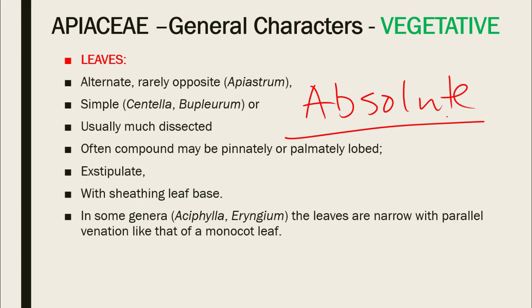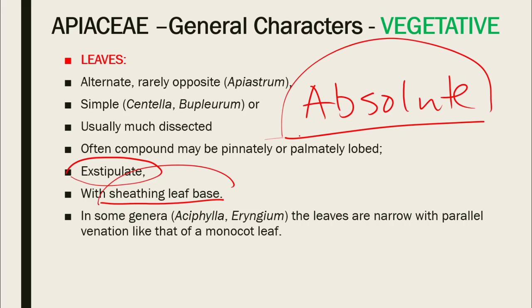So it is just possible that in some leaves you find a stipule, although it's rare, and it is just possible that the sheathing leaf base might be absent, and similar case with the other characters. So this description of the characters is not absolute.